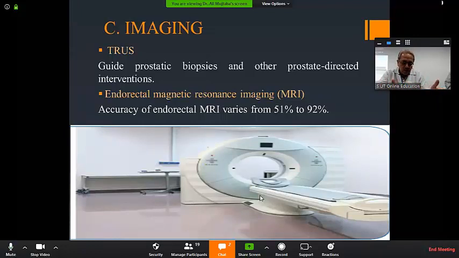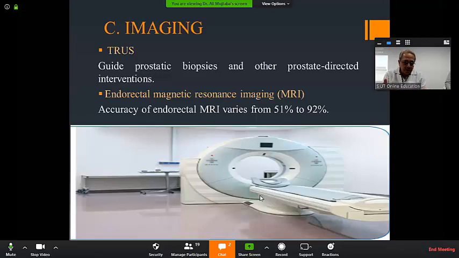When you merge these two pictures, they can be merged cognitively, which means with your own perception and imagination, or it can be done robotically, which means you combine the MRI picture and the ultrasound machine picture through software, and then the needle is guided by a robotic arm. So that is known as targeted fusion biopsy.